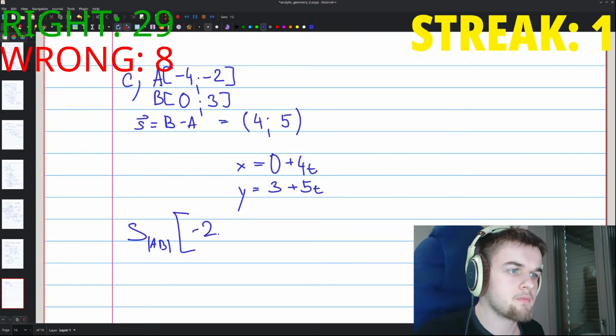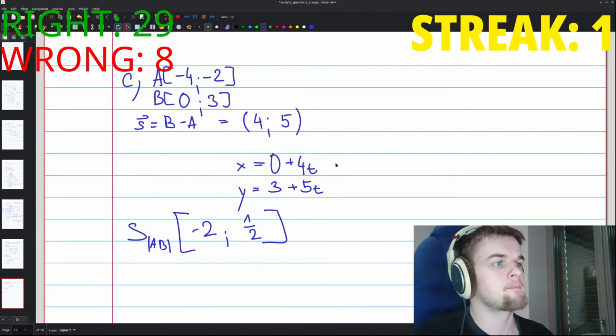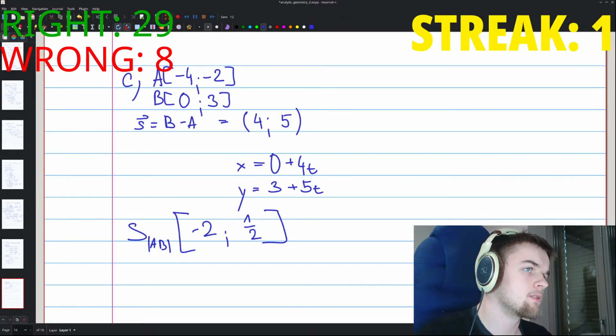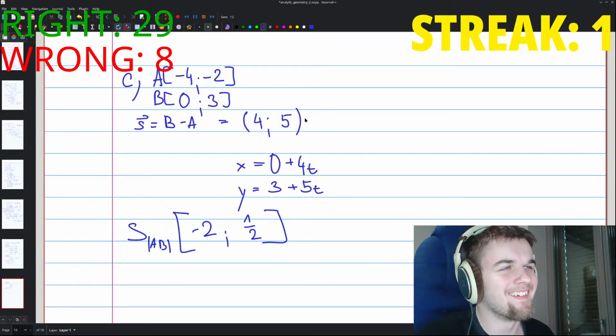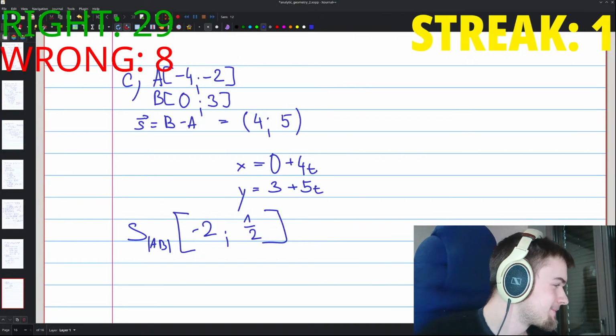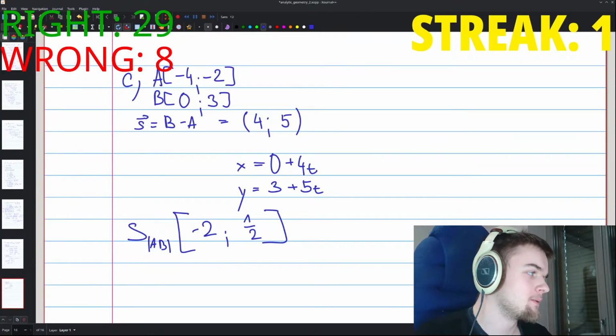So that's minus 2, and this is 1/2. The results. Now it's interesting. Now they actually use the first number here. So minus 4 plus 4t, minus 2 plus 5t.